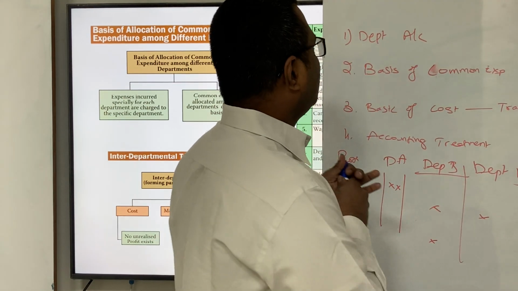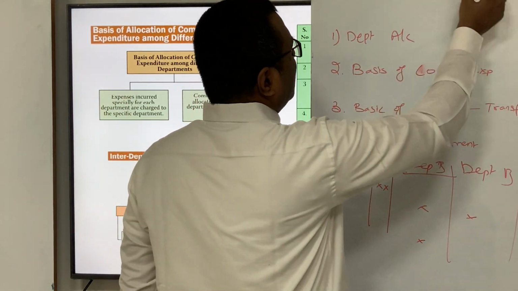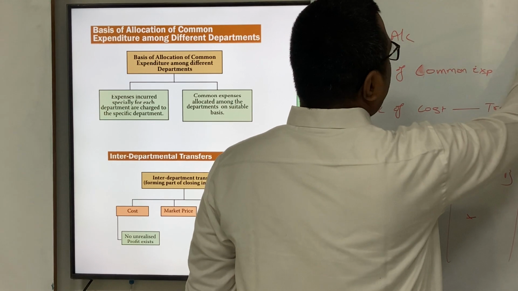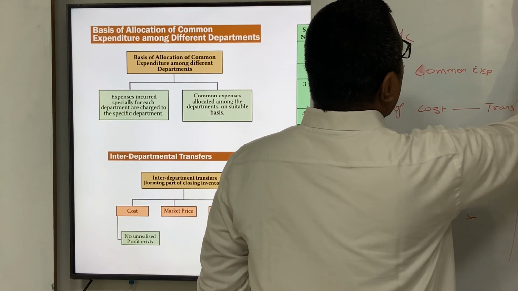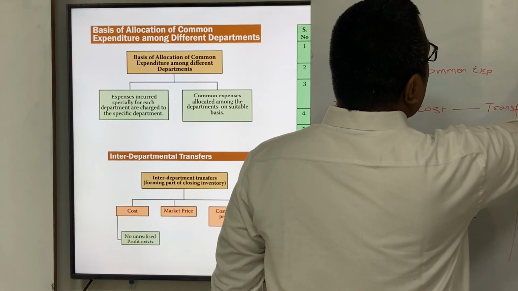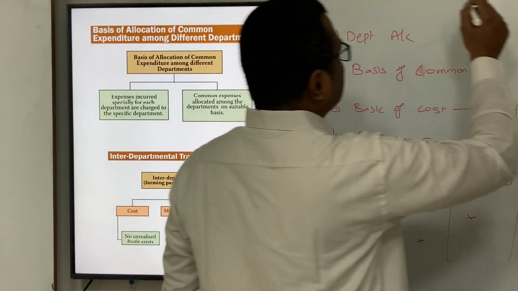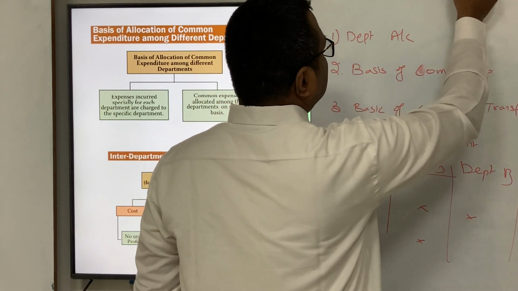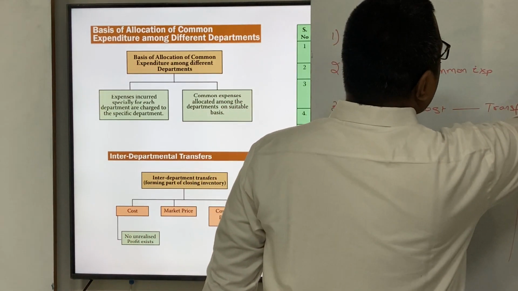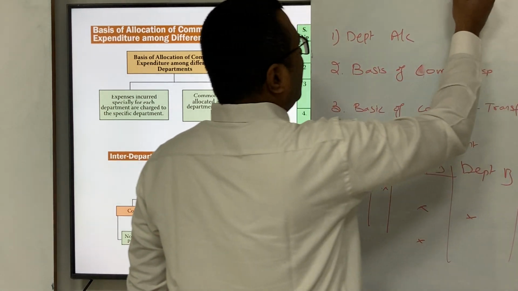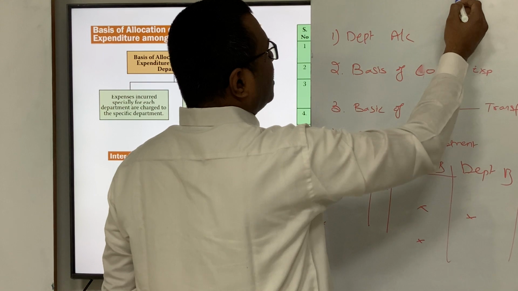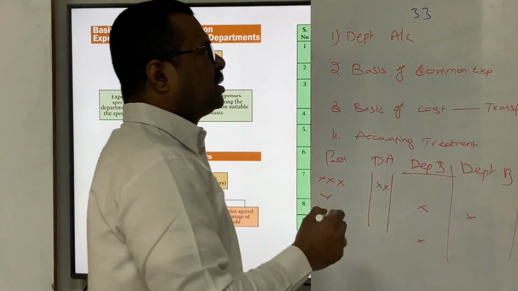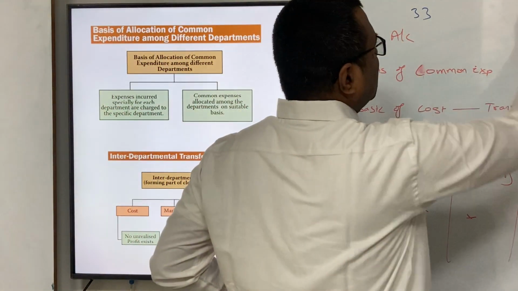For example, this is the total transportation cost, this is the value of goods purchased by department A, and this is the value of goods purchased by department B. Department A purchased 500, so 500 divided by 1500 is its share of the cost, and department B will bear 2/3, because they have purchased goods worth 1000 out of 1500.